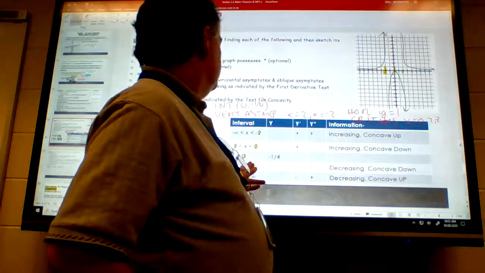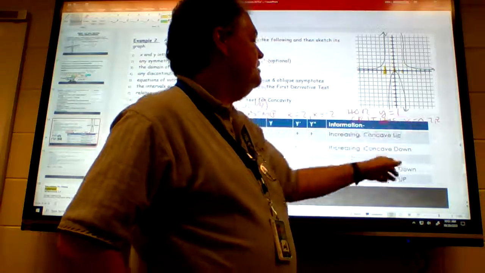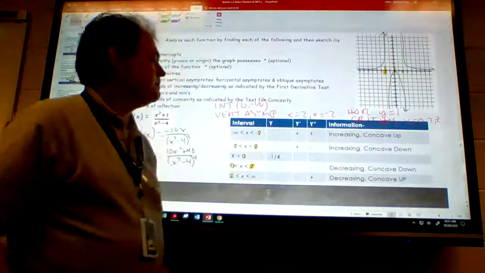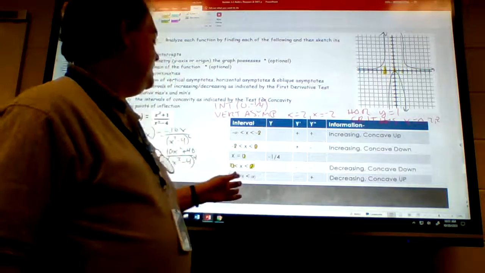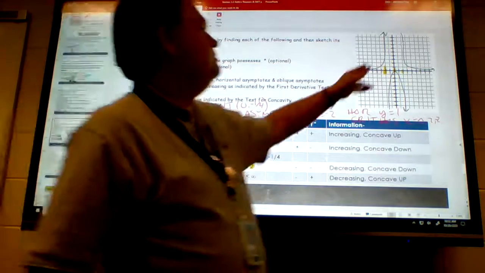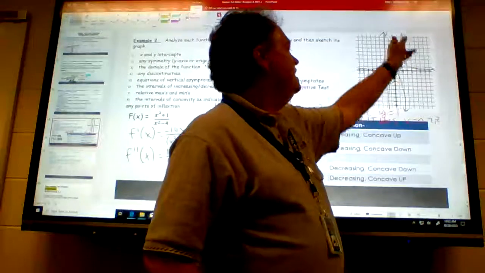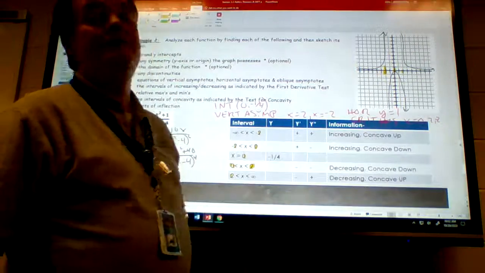From 0 to 2, it's decreasing, but it's still concave down. And you can see that right there. Because it's negative, decreasing, negative, concave down. And then finally, from 2 to infinity, right there, it's decreasing, and it is concave up because y prime is positive.